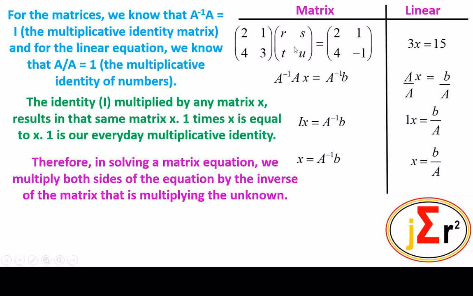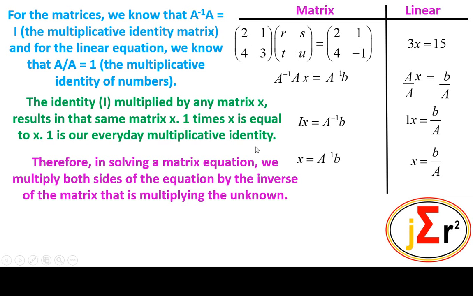In order to solve this equation, we need to multiply both sides of the equation by the inverse of this matrix, which is multiplying the matrix of unknowns.